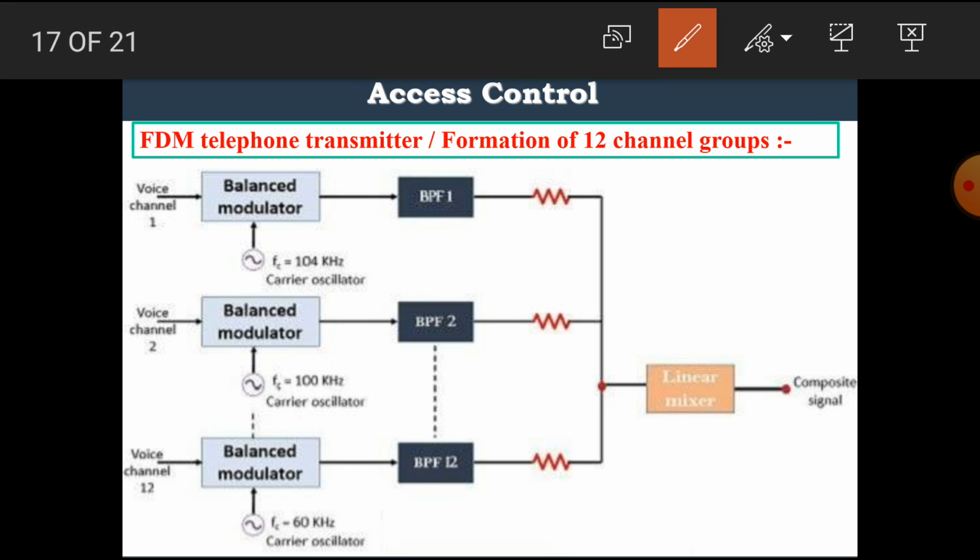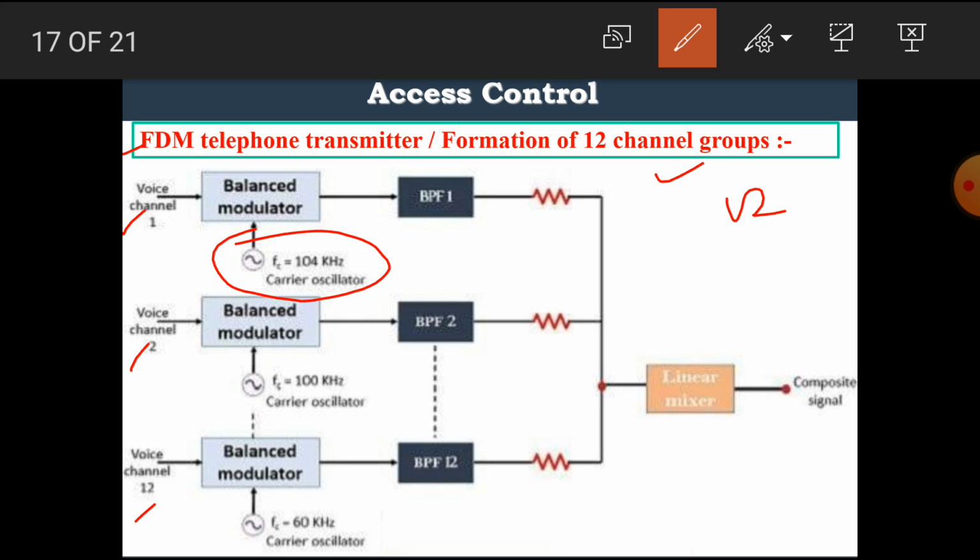Let's see the block diagram of FDM telephone transmitter, or the formation of 12 channel groups. At the input side we have 12 voice signal channels: voice signal channel 1, voice signal channel 2, up to voice signal channel 12. Each voice signal channel is modulated with different frequencies.